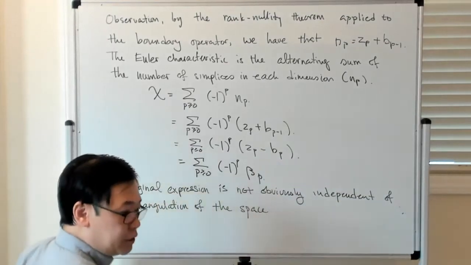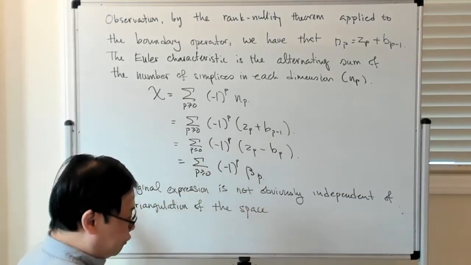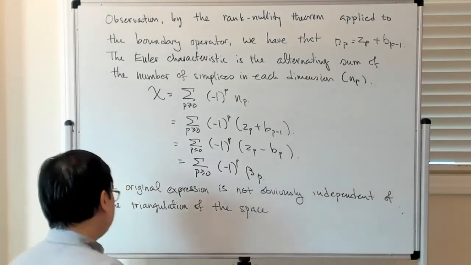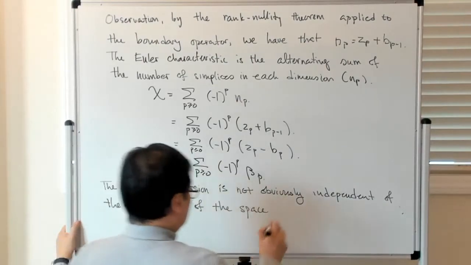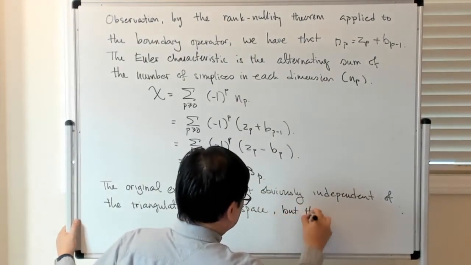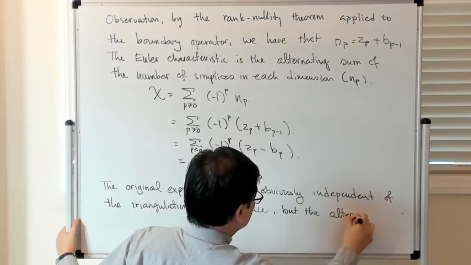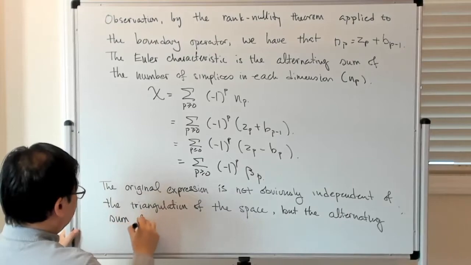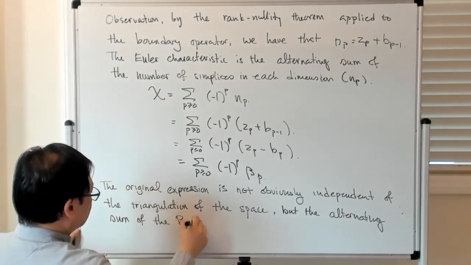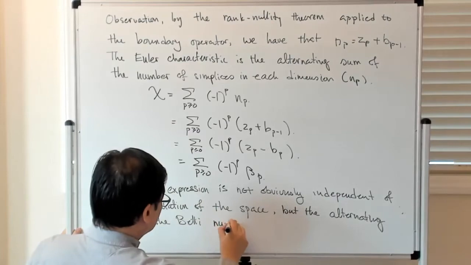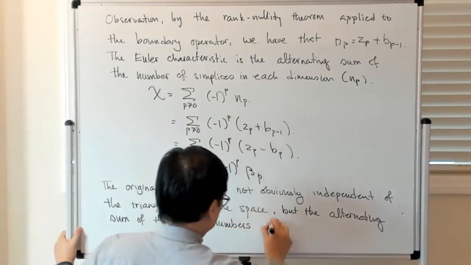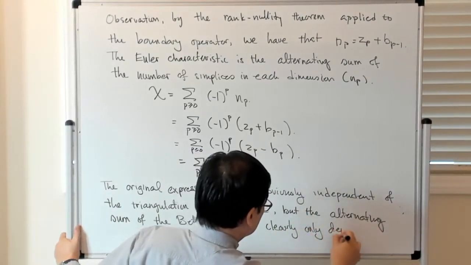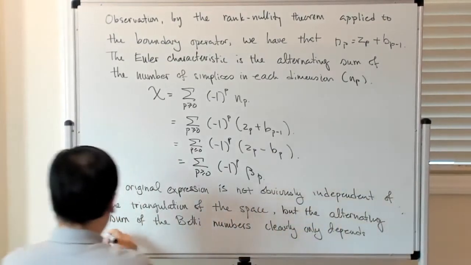Again, if you did something like barycentric subdivision of a triangulated space, obviously the number of simplices in each dimension is going to change. But the alternating sum of the Betti numbers clearly only depends on homology.